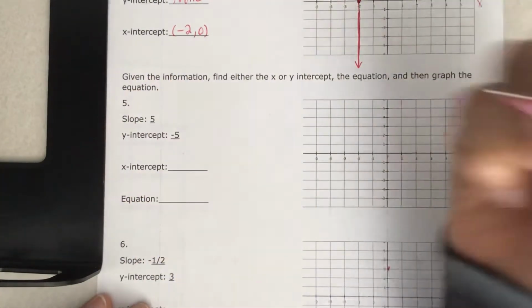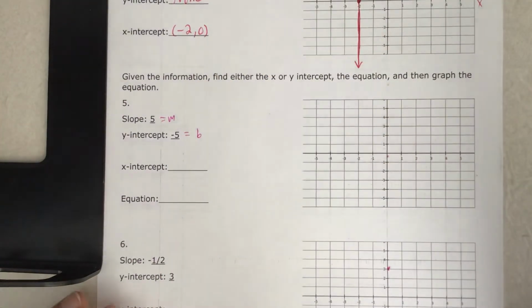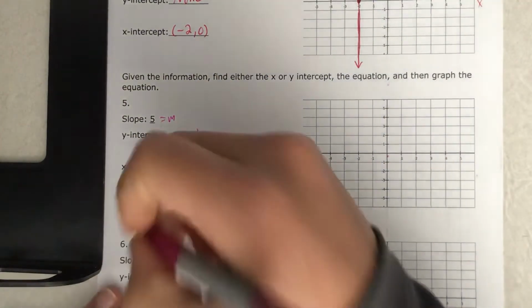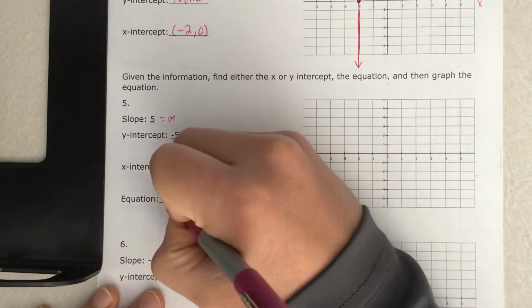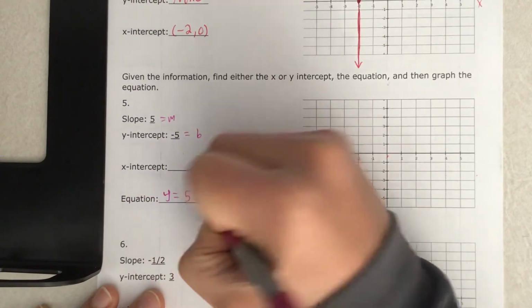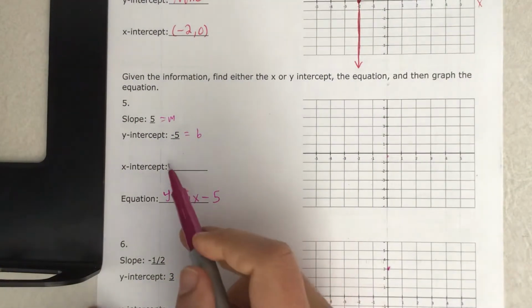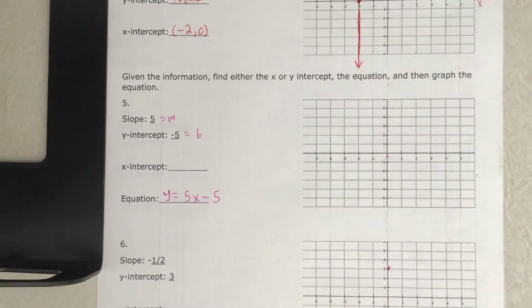So I take my slope, because that's my m. I take my y-intercept, that's my b, and I write it in slope-intercept form, which y'all should be able to do now, which is y equals 5x minus 5, okay? So again, we still can't identify what the x-intercept is because we need to graph it, just like we did in those first couple examples.